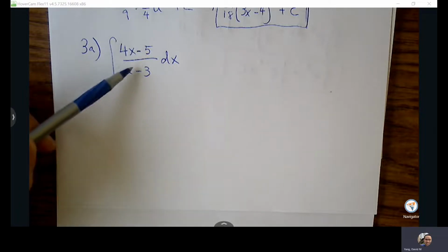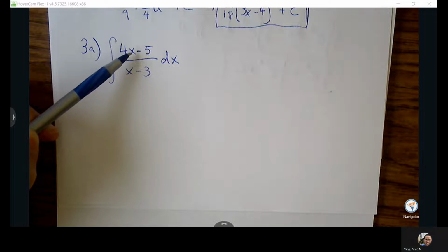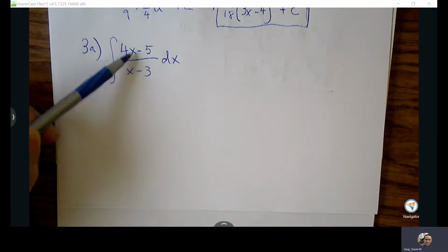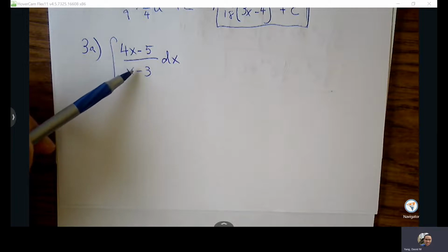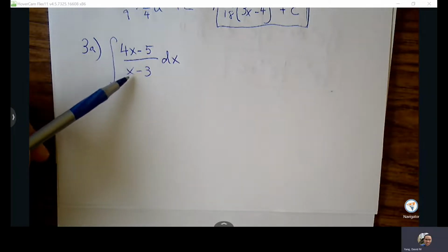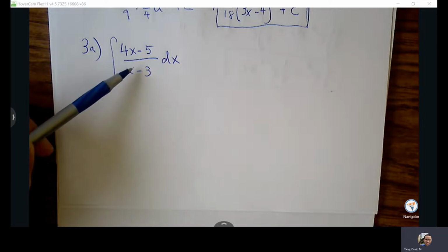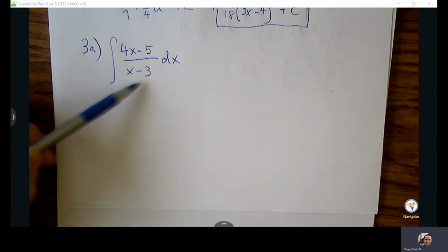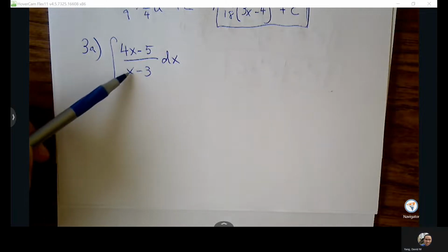If the numerator is higher or they're the same, that's a potential for synthetic division or long division. Long division would be if the degree was like x squared, but this x minus 3 is good for synthetic division.